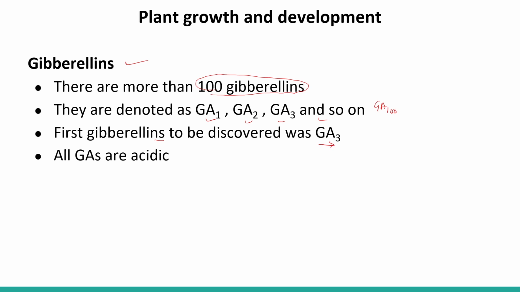Gibberellins are also known as gibberellic acid. Why? Because they contain an acidic group. They are acidic in nature, so all gibberellic acids are acidic.